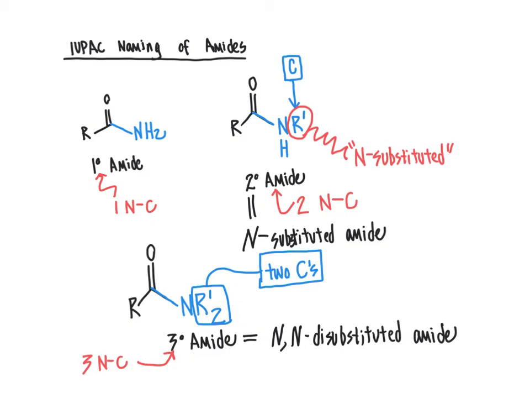That results in some extra complexities with naming secondary and tertiary amides relative to primary amides. And so that's why we need to quickly be able to look at an amide and say, okay, we're dealing with a primary one here, secondary one, or tertiary one. So let's go ahead and dig deeper into this IUPAC system of nomenclature of amides.